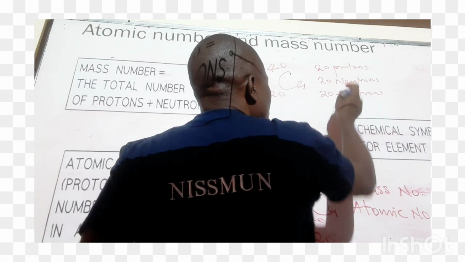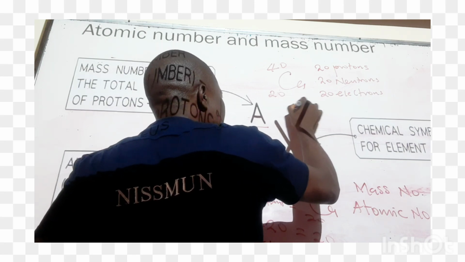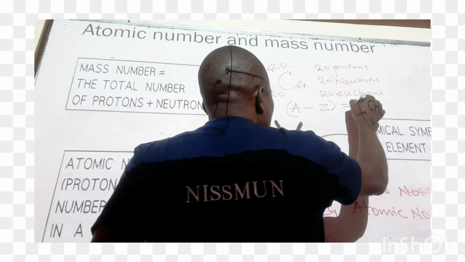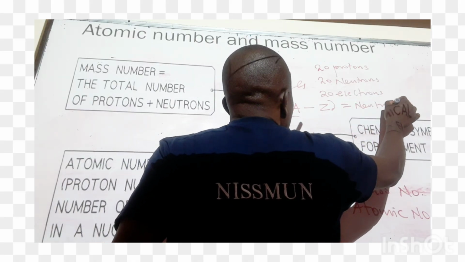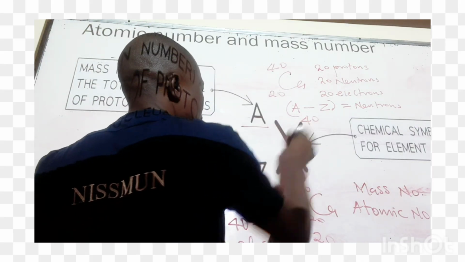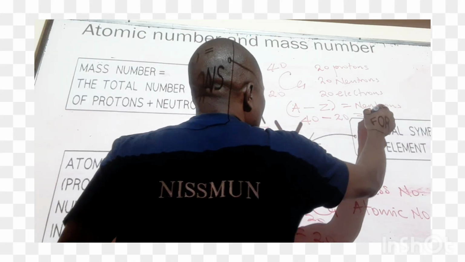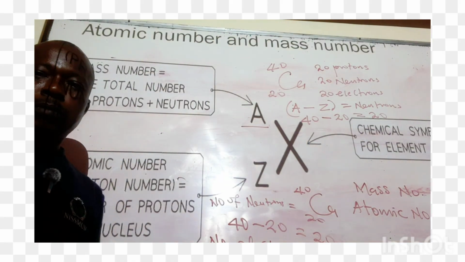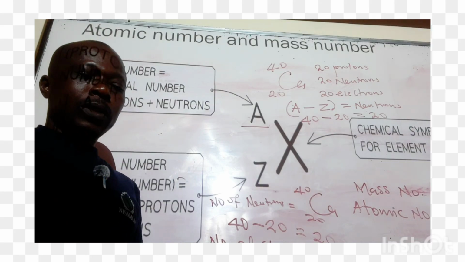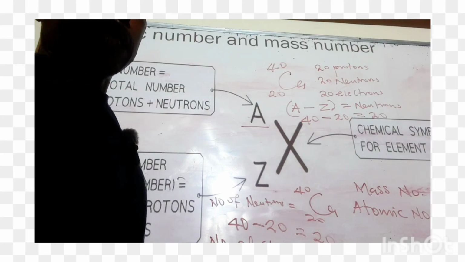How did we get the neutrons? For the neutrons, we say the mass number A minus Z equals neutrons. So our A here is 40, our Z is 20, giving us 20. Is that okay?